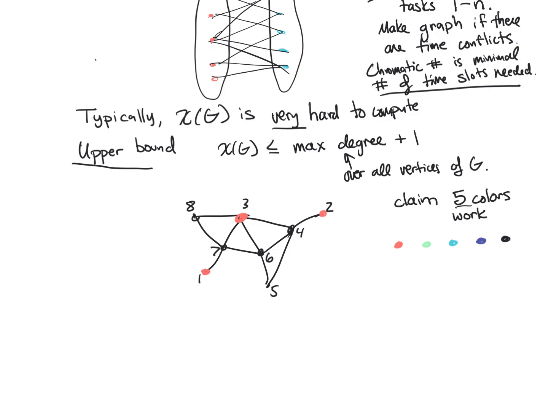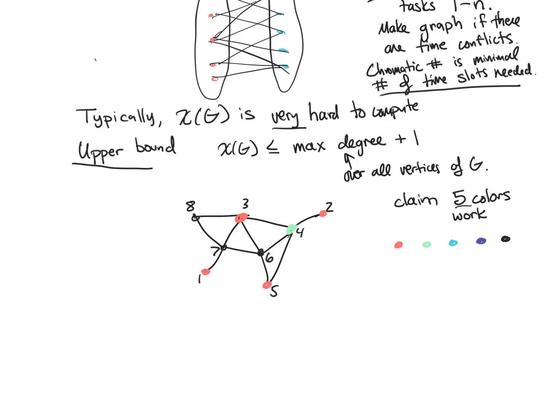Now you go to 4, your next vertex, and there is a constraint, so you go to your next color, which I just chose to be green. Now you go to 5. The constraint is that you can't do green, but still the smallest color available to you is red. So you do it red.